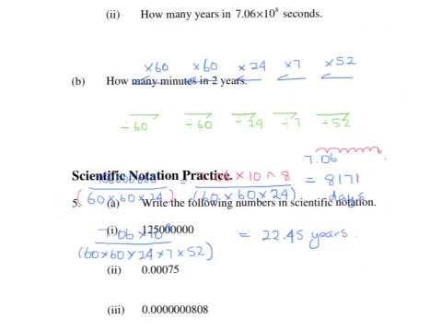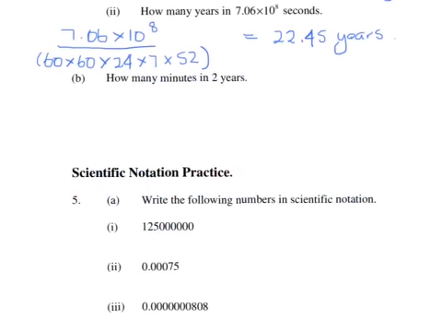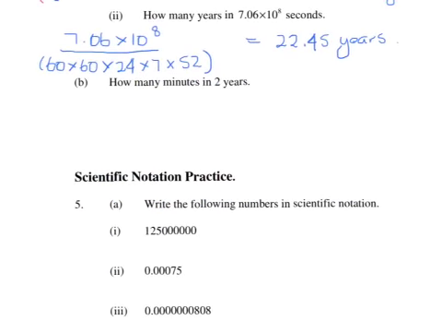Now our next question is to find the number of minutes in 2 years. So that's along the top of the table, so from years to minutes. So let's start with our 2.